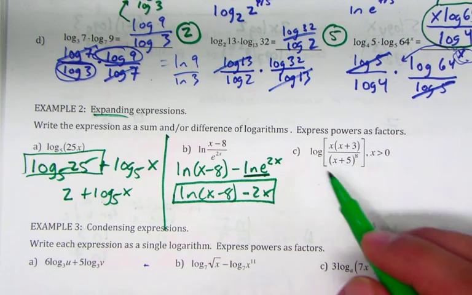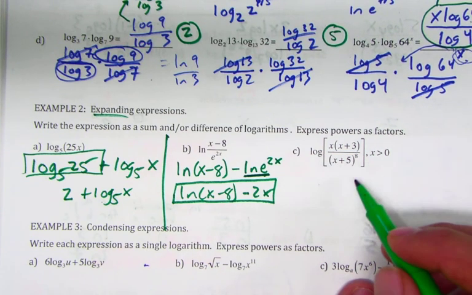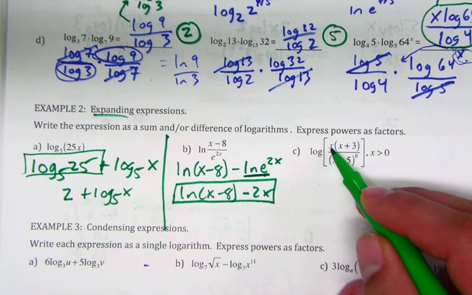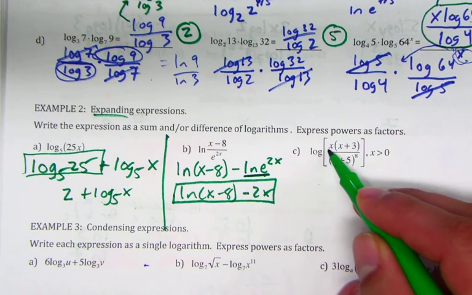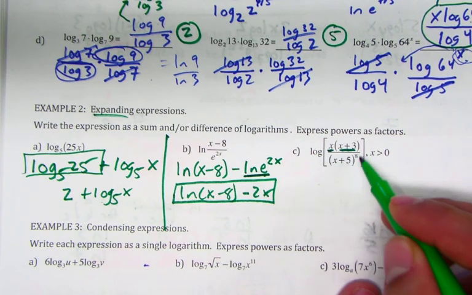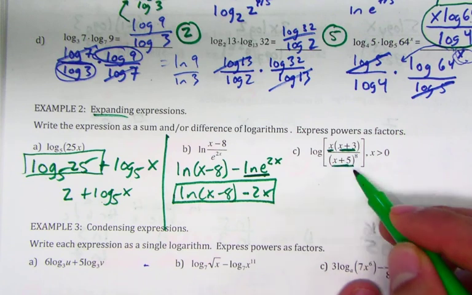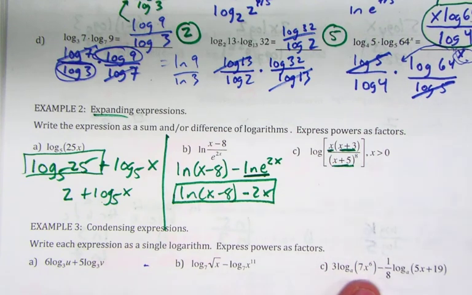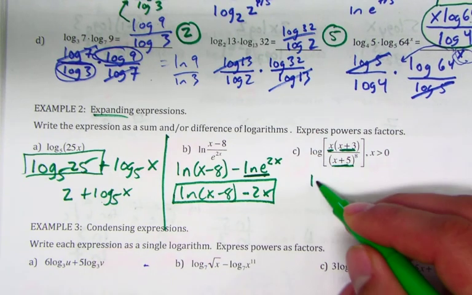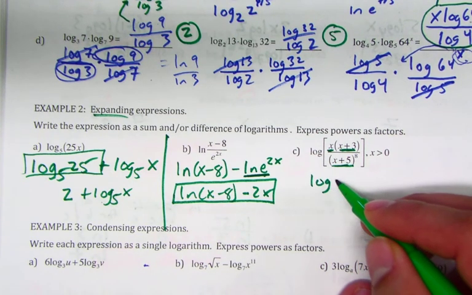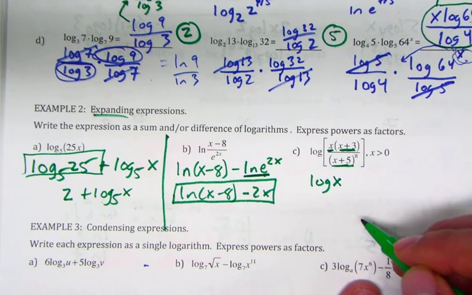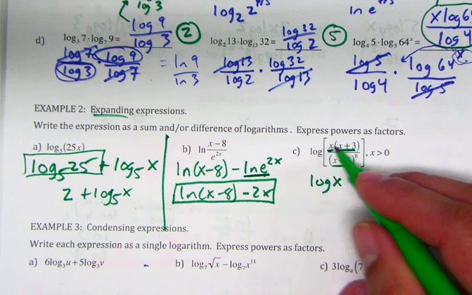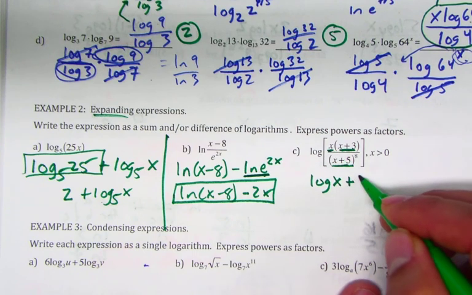Here we're expanding. Do you guys see how many things we have in here? 1, 2, 3. So that means we're going to have a total of 3 logs. Does that make sense? Log of x. We're multiplying, so plus log of x plus 3.